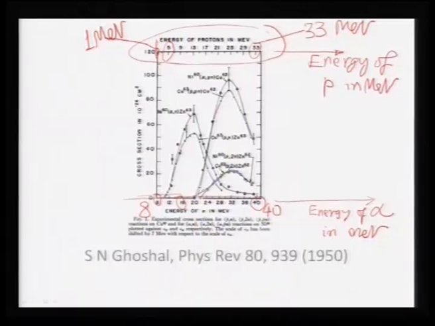So, two different energy scales are used here, one for alpha particle, that lower horizontal line is energy of alpha particle in MeV, and the topmost horizontal line is energy of protons in MeV, and the scales are shifted. So, for alpha the full scale in this diagram is 8 MeV up to this 40 MeV, the end point here, whereas in the case of proton it starts from 1 MeV and goes to 33 MeV.